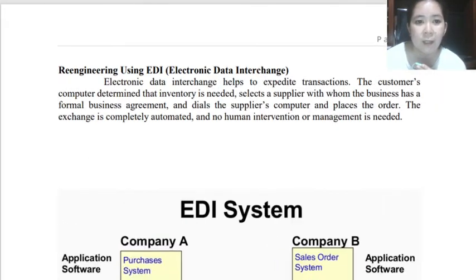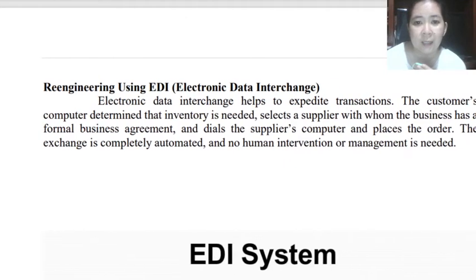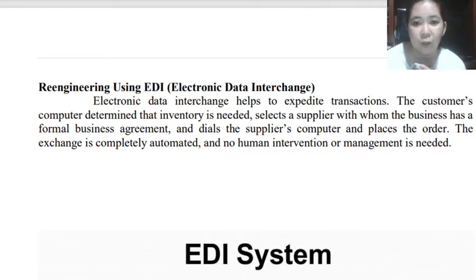And for the re-engineering using the electronic data interchange or EDI. So EDI helps to expedite the transaction, meaning it makes the transaction more efficient and faster.